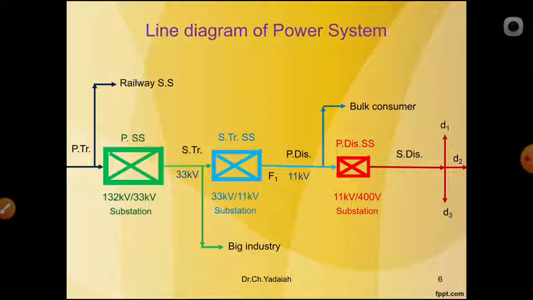The line from the primary substation to the secondary transmission substation is the secondary transmission system, with a rating of 33 kV.